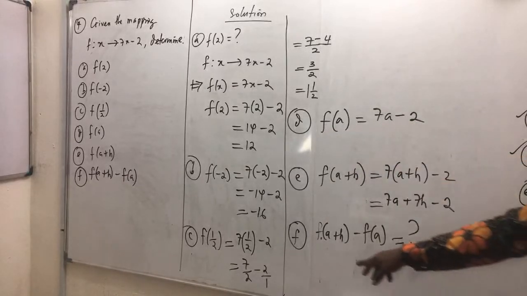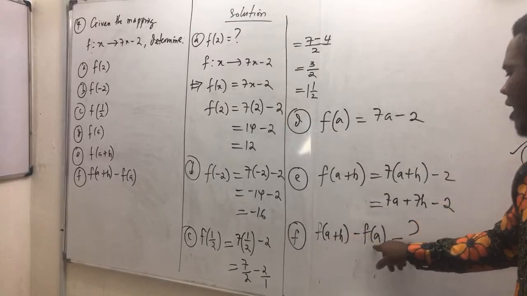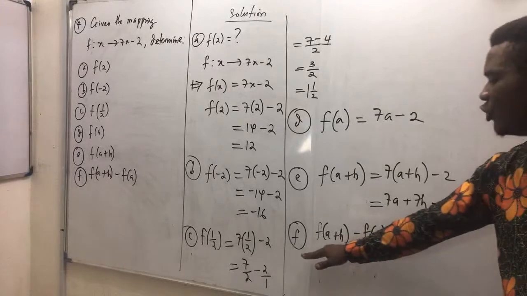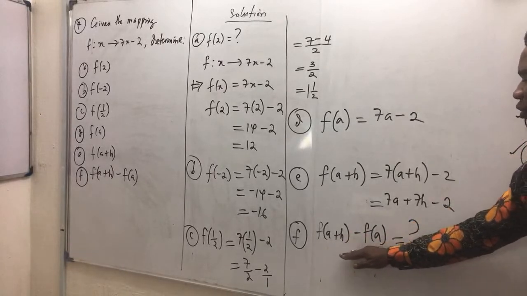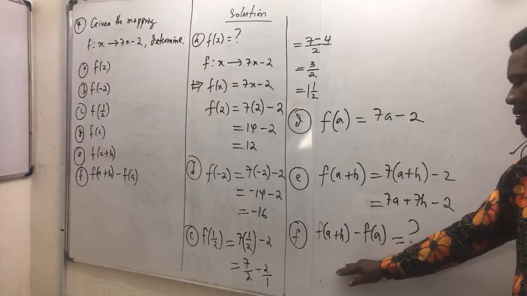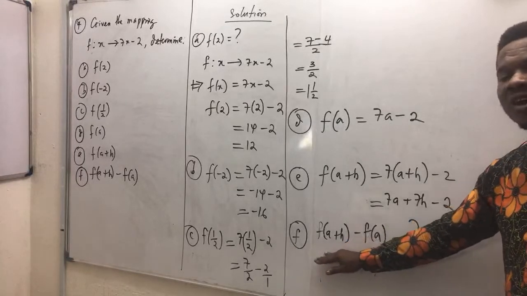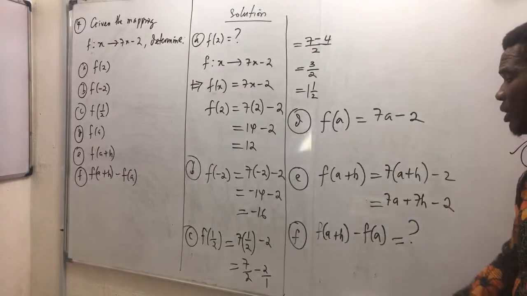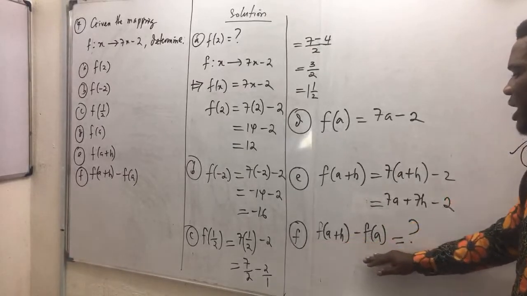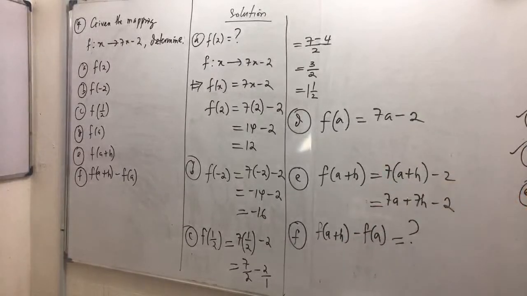So what will subtracting f of A from f of A plus h give? You are being prepared at this point for what we shall see in differentiation as the derivative of a function by first principle. This describes a change in the function.